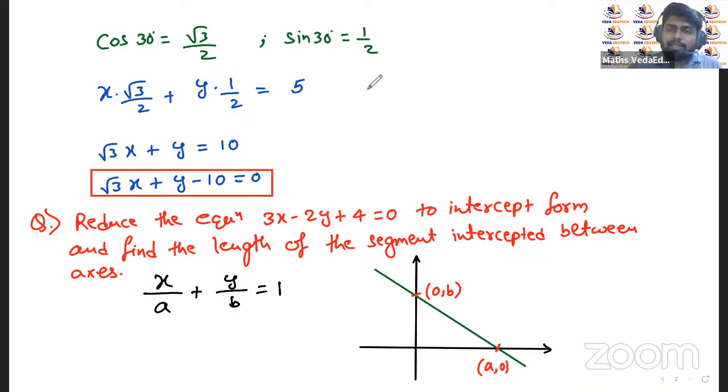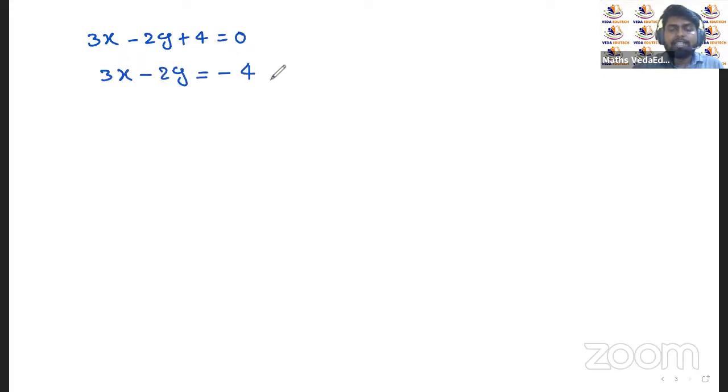In this question the equation of the line is 3x minus 2y plus 4 equal to 0, so we need to transform it into the intercept form. Take the plus 4 to the right-hand side, so we get minus 4.